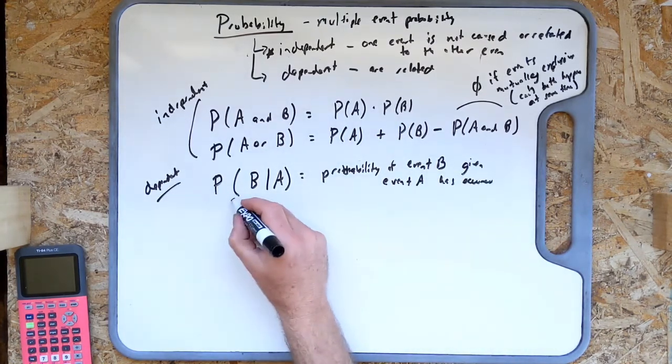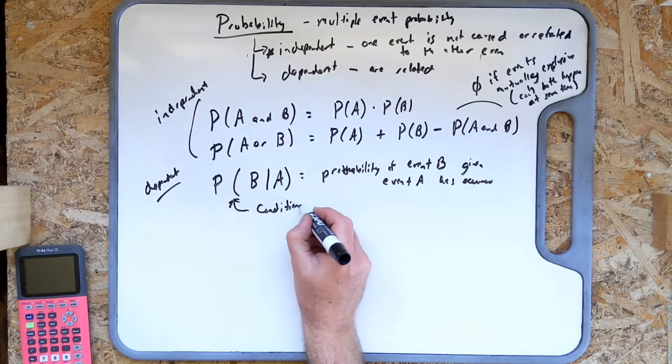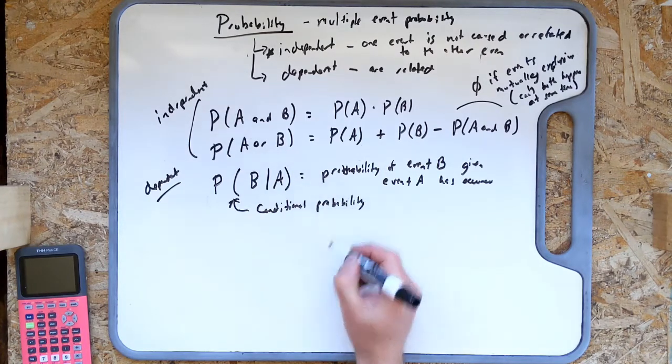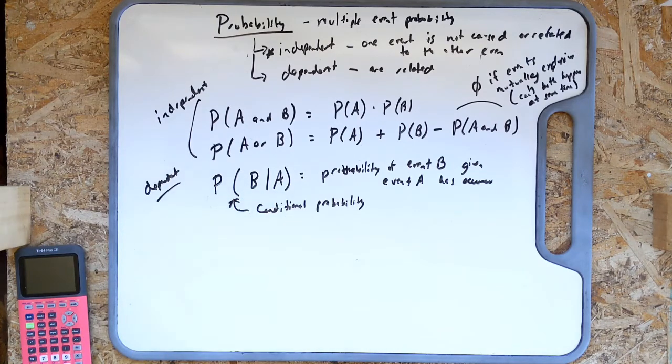This is called conditional probability. So again, probability of some event occurring given that something else has already happened.